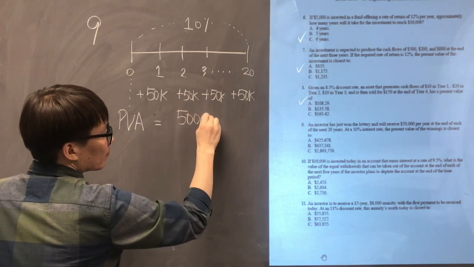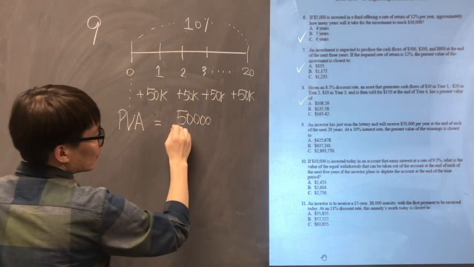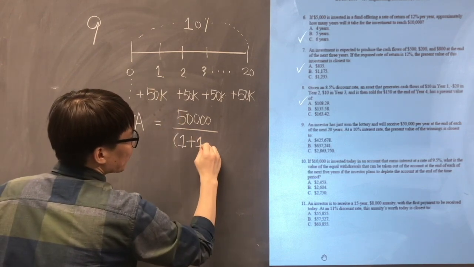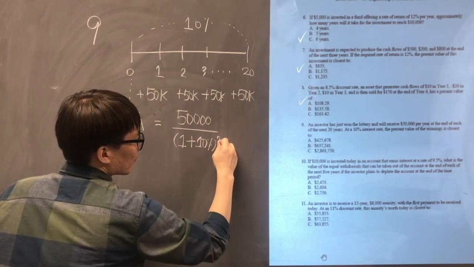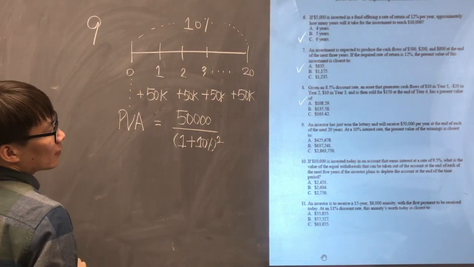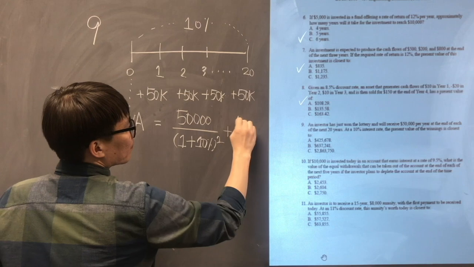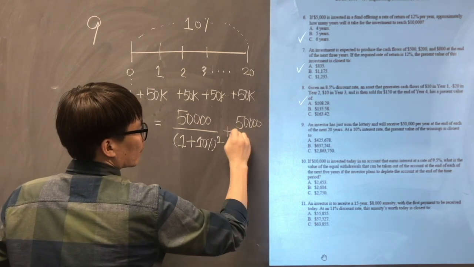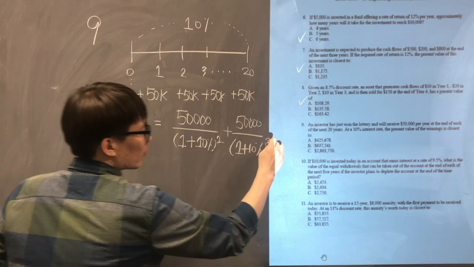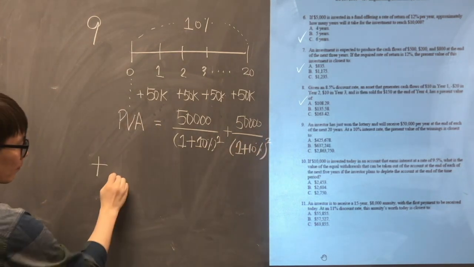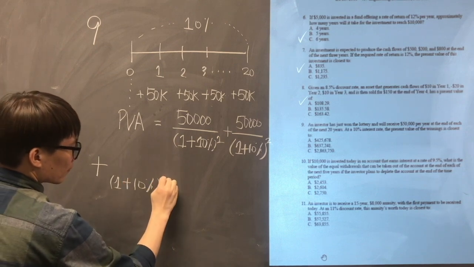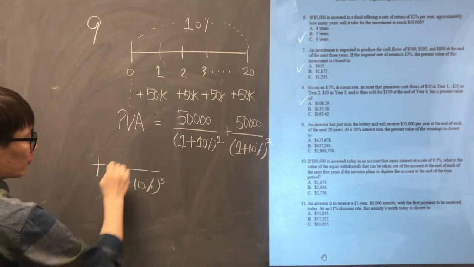50K, right? It's the same. 1 plus 10%. This is end of year 1, plus 50K over 1 plus 10% end of year 2, year 3.